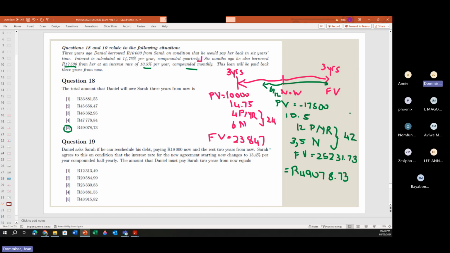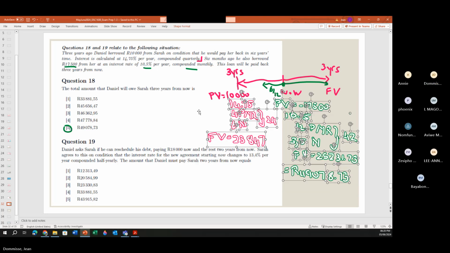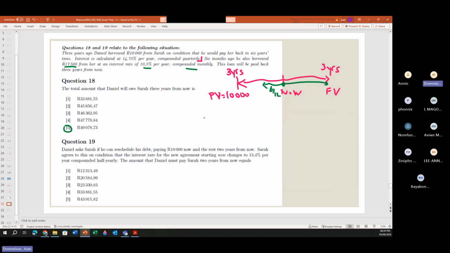They want us now to say, so I'm still here at now, instead of that 49,000 that I did, I want to say that I will pay at this stage 18,000. Then what I need to find out is this 10,000.